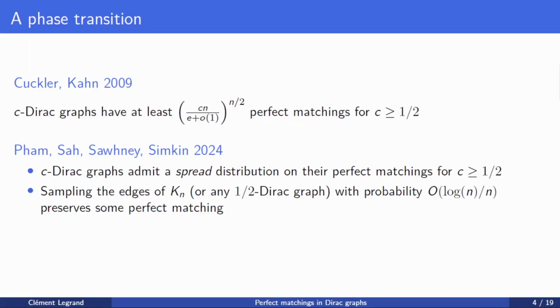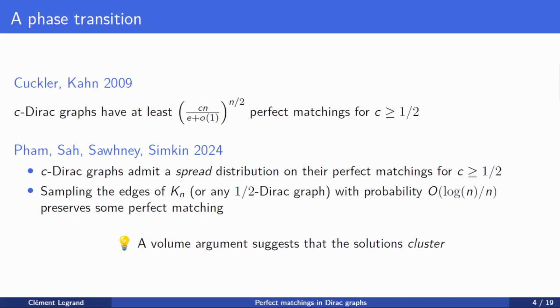This makes us think that something else should happen here in terms of phase transition. We think that the space of perfect matchings should have some nice geometrical properties when the minimum degree goes above n/2. That's what started this work, and the question we're trying to answer today.